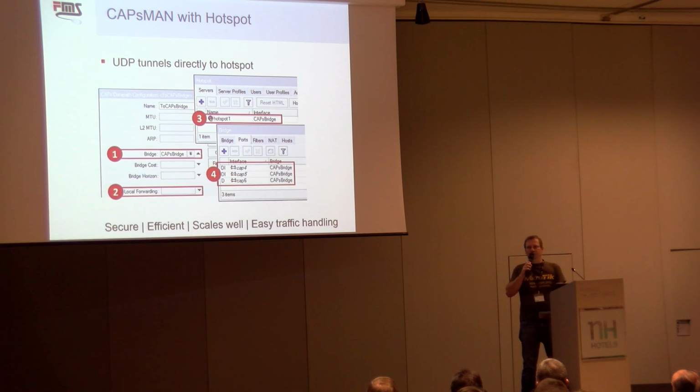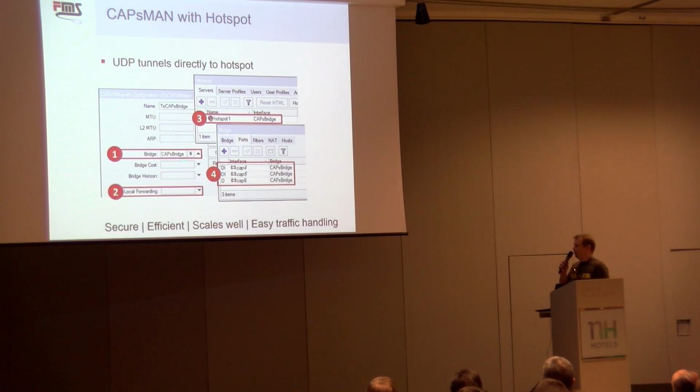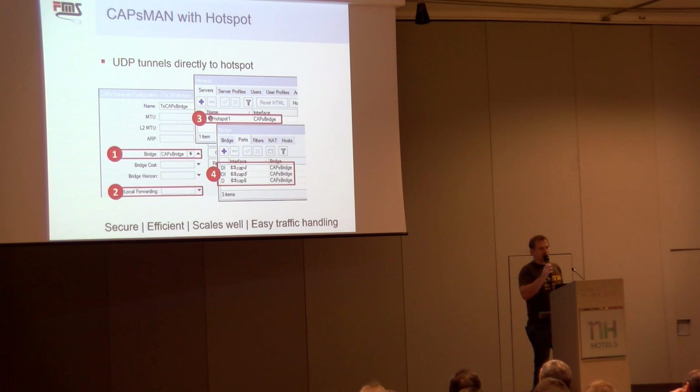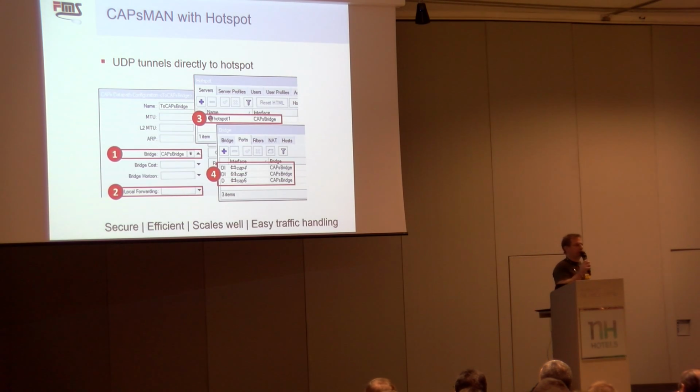And all you have to do is a couple of easy steps. Number one, you see we are choosing the bridge in our data path configuration. In figure 2, you see we're not configuring local forwarding. In figure 3, there is a hotspot being created on the same bridge, on the same device.